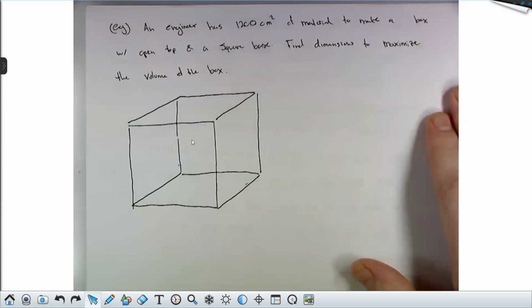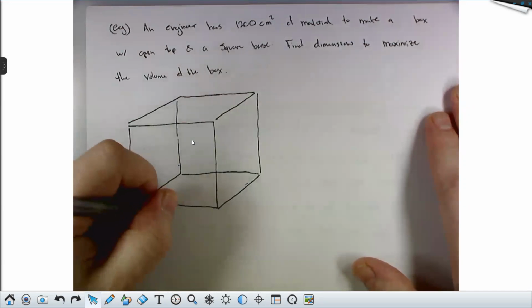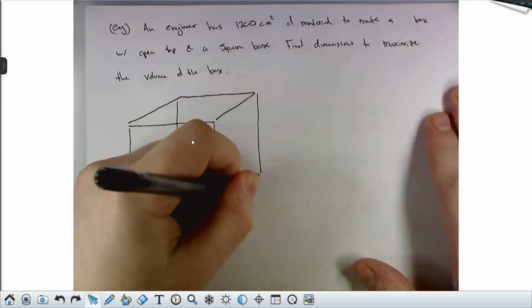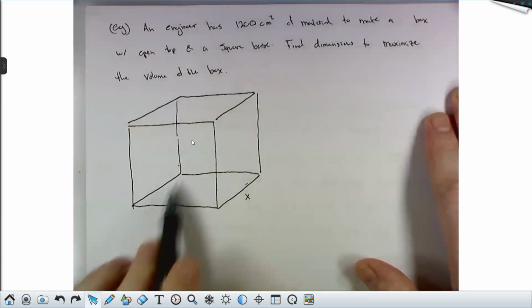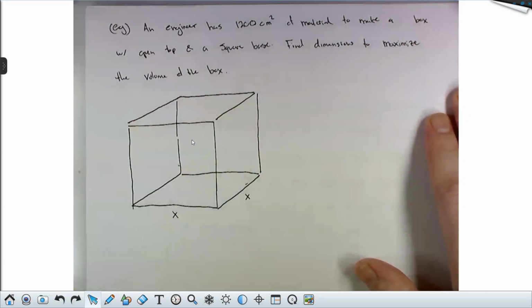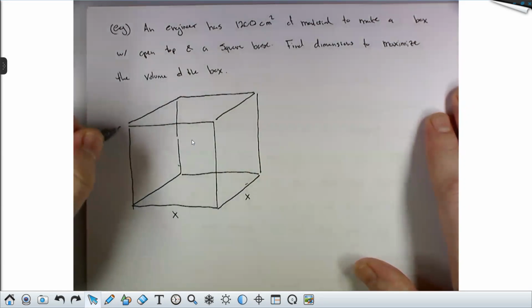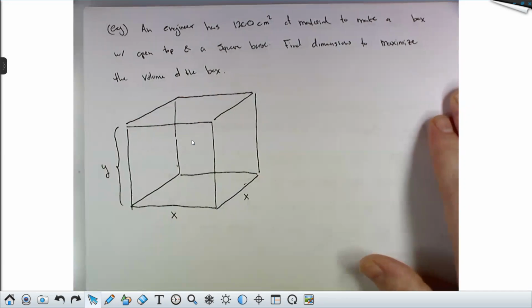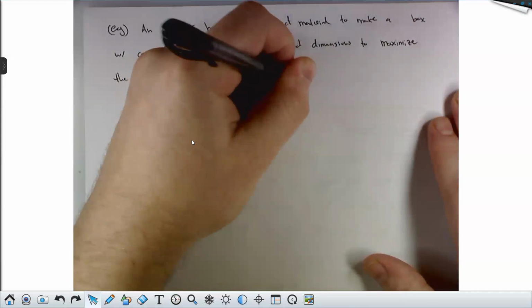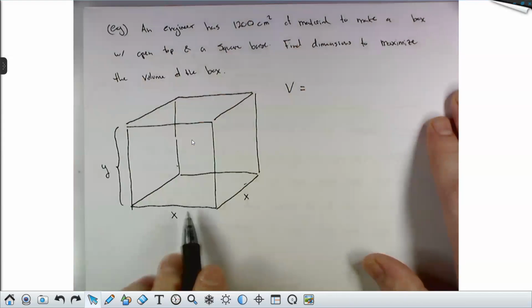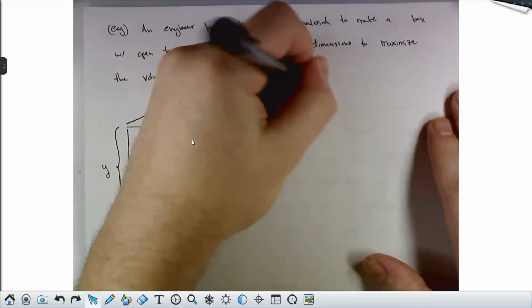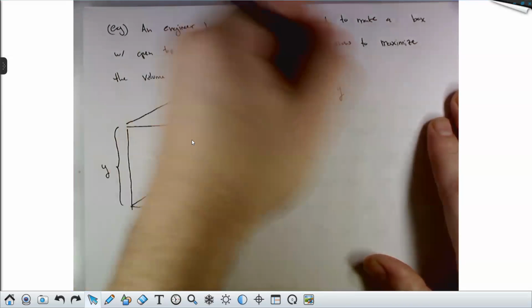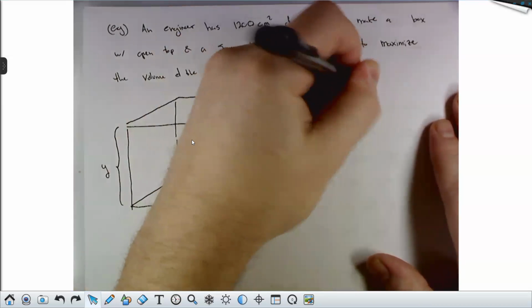All right. So if the base is a square, then this side length and this side length have to be the same. And these guys also have to be the same. I'll call that X. The height here, we can call this Y. And so the volume of the box is length times width times height. That's X times X times Y, or just X squared times Y.